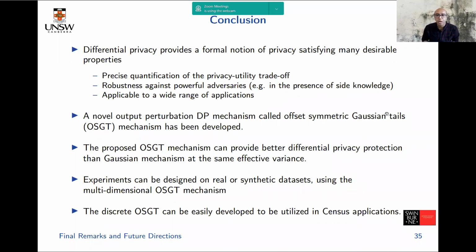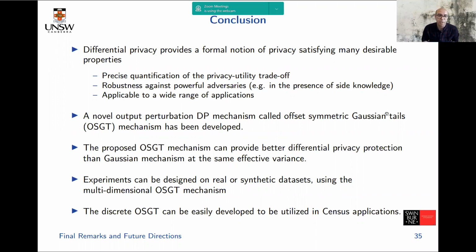We talked about the limitations of the two perturbation mechanisms, Laplace and Gaussian. Based on these limitations, we asked whether it is possible to propose a mechanism that behaves similarly to the Gaussian distribution but performs better.